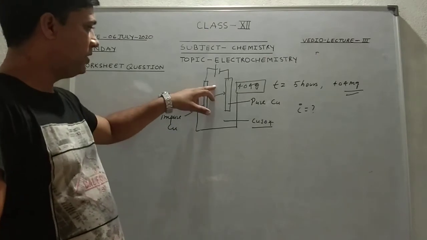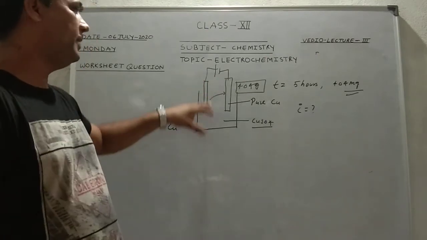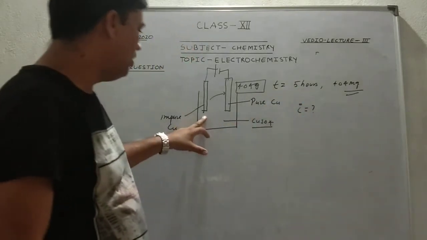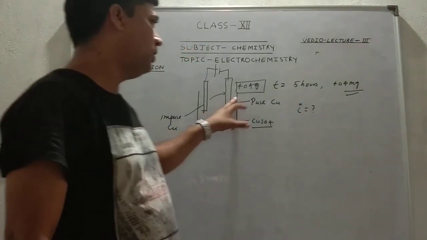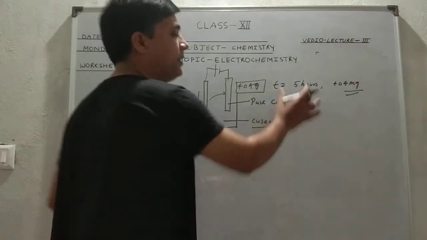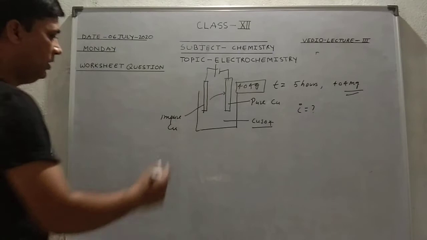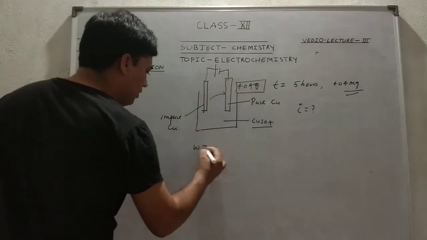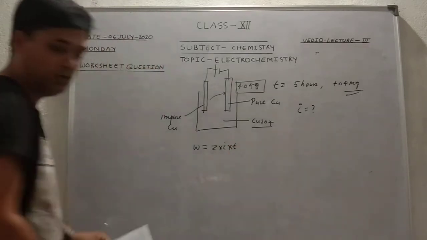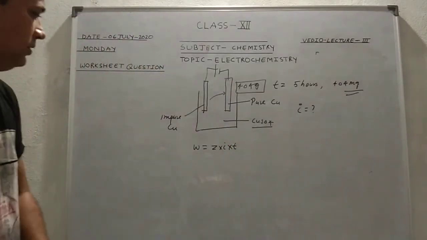When some amount of current passes through a particular electrode for 5 hours, the amount of copper deposited at the cathode is equal to 404 milligram. Then what will be the current? With the help of the formula W is equal to Z into I into t, we can calculate the current.